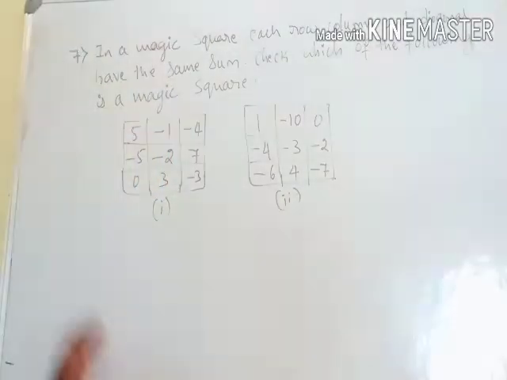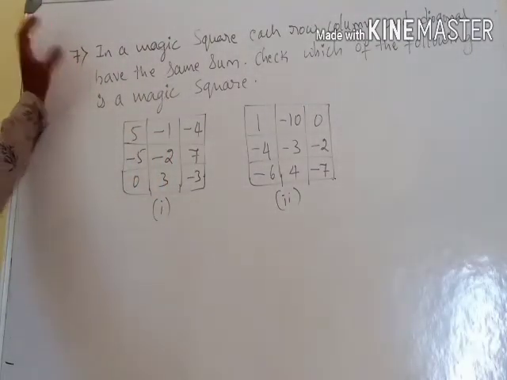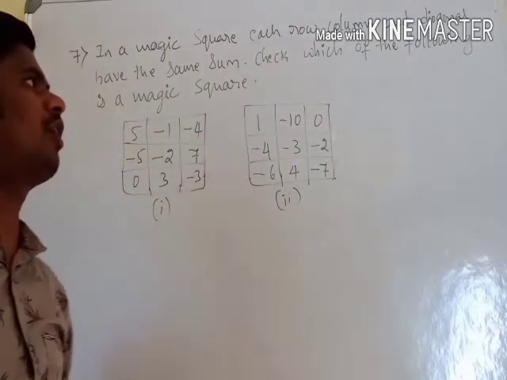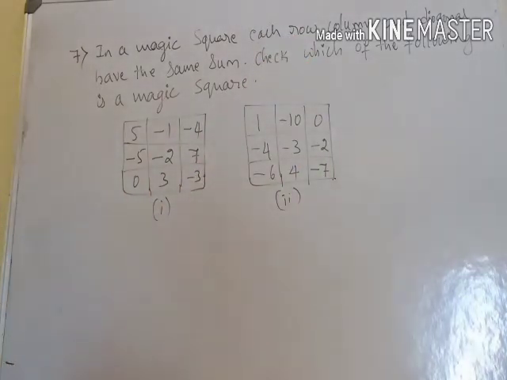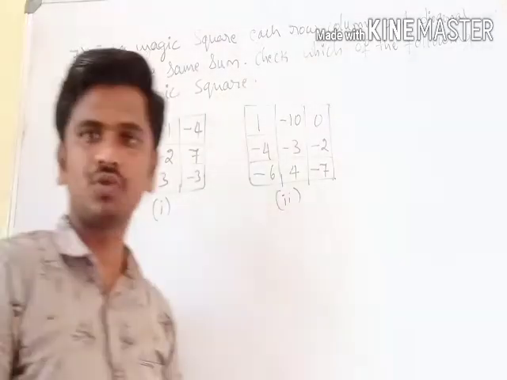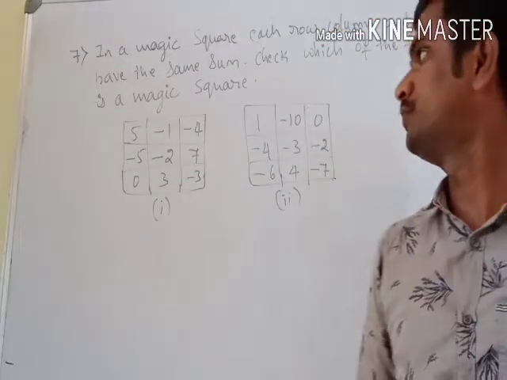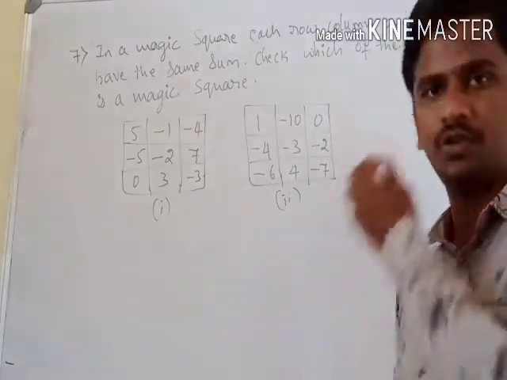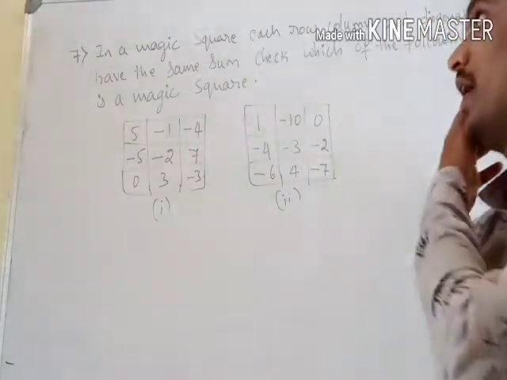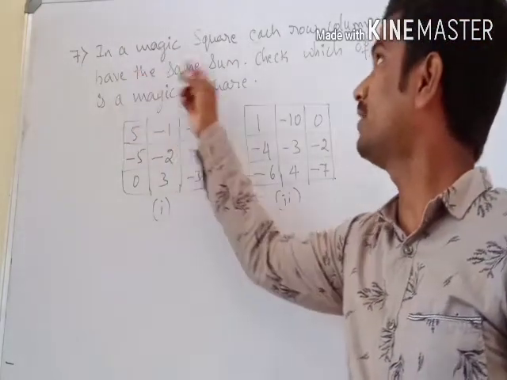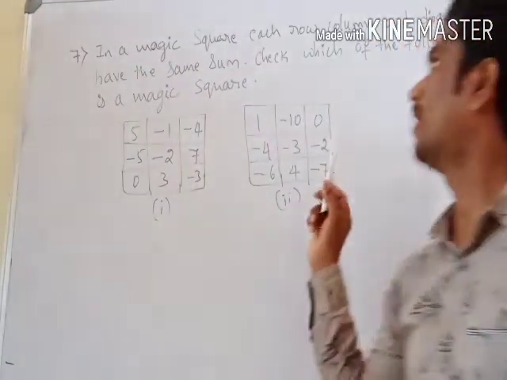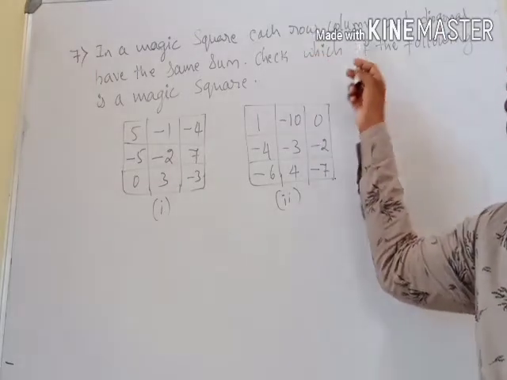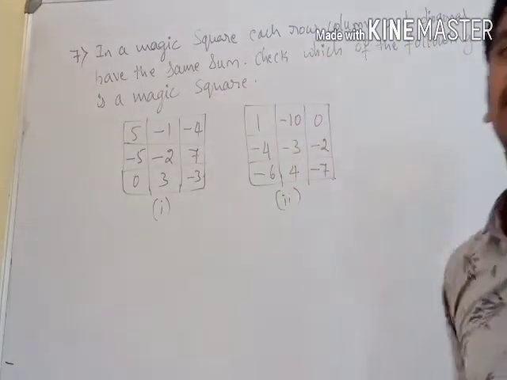Okay, the next question is, in a magic square, each row, column and diagonal have the same sum. Check which of the following is a magic square. Here they have given two boxes, that is two squares. In a magic square, each row, column and diagonal have the same sum.